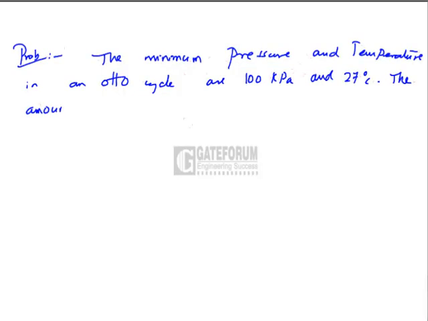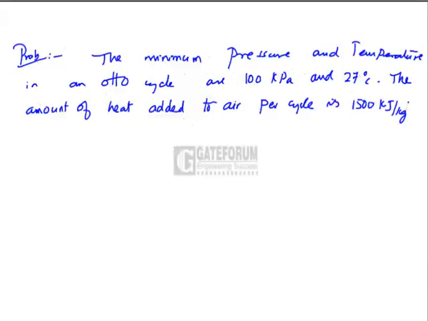The amount of heat added to air per cycle is 1500 kilojoule per kg.